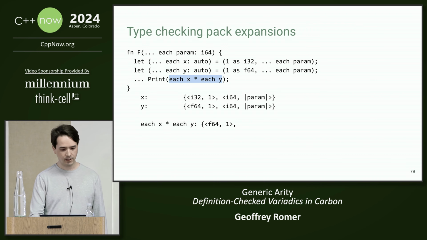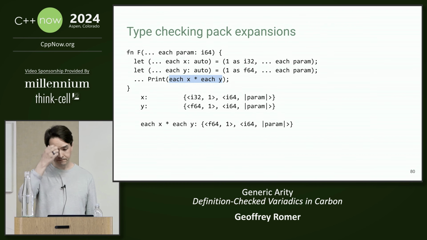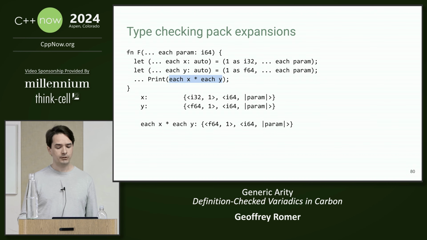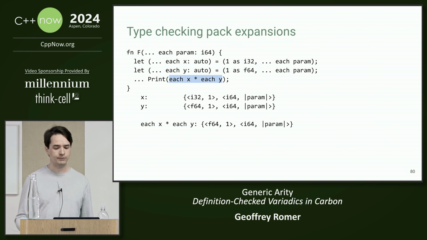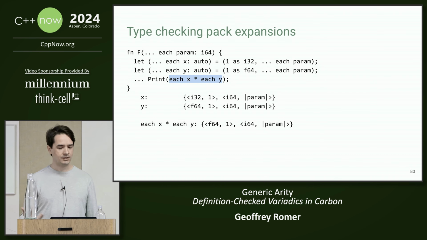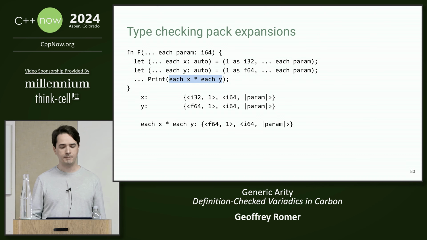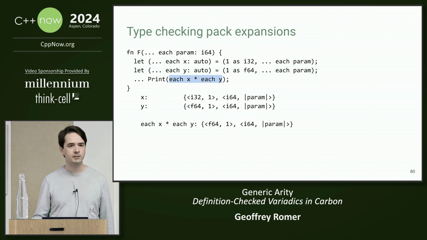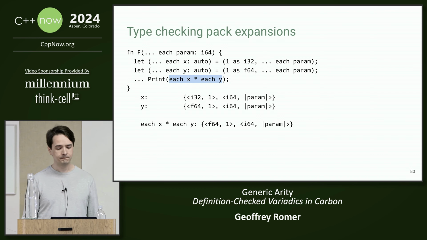These packs, because param might be empty. But we do know that the number of iterations after the first one will be equal to the arity of param. And we know that in all those iterations, it'll be the product of two I64s, which is an I64. So the type pack has two segments, a singular segment with type F64 and a variadic segment with the same arity as param and type I64.